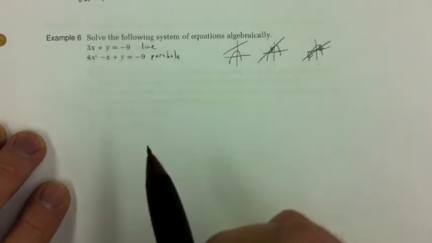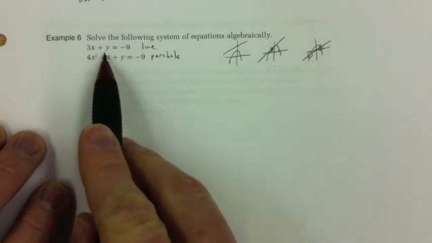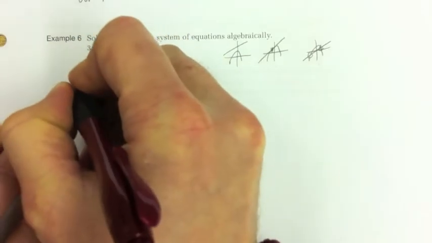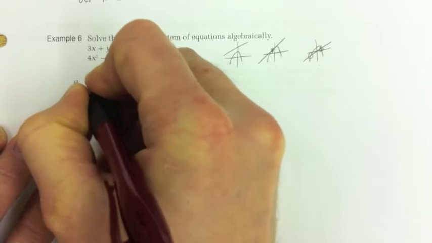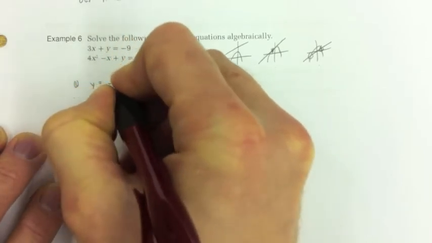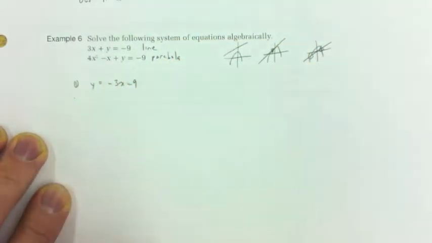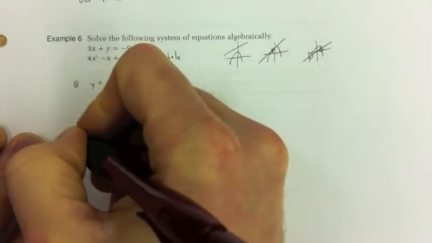Now I'm going to always suggest isolating the y value in your line, which is probably the best substitution method you can do. So let's take a look. We're going to transform our line to y equals negative 3x minus 9, subtracting 3x from each side of the equation.